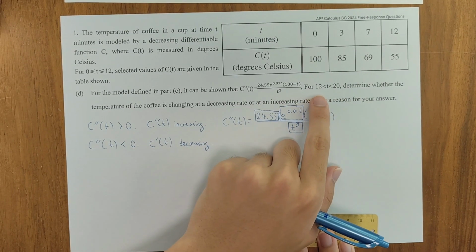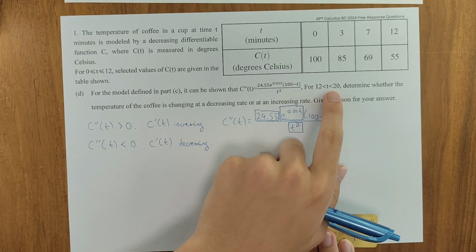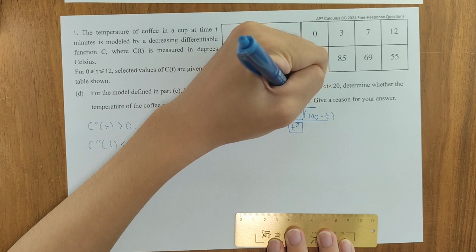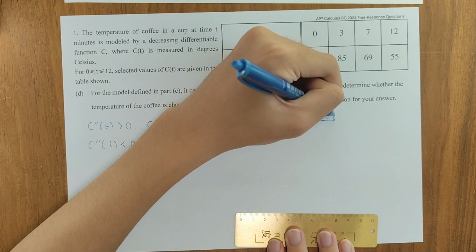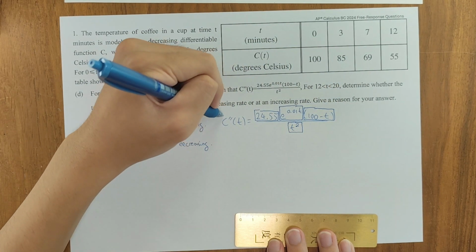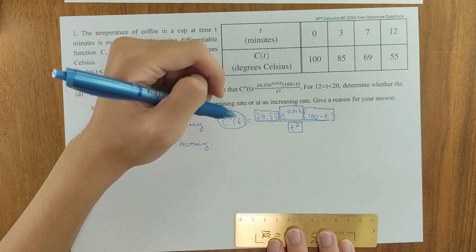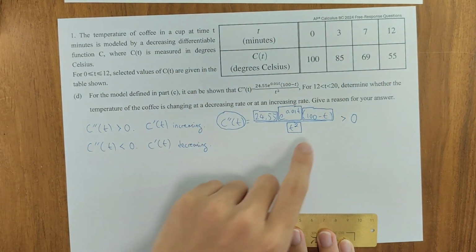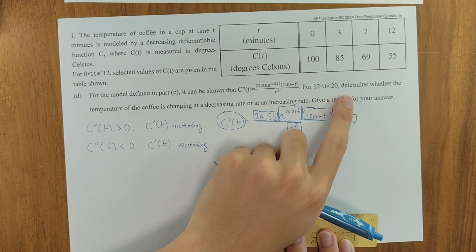So if t is any number between 12 and 20, then 100 minus t is also positive. So this C prime t is always positive for t equals 12 to t equals 20.